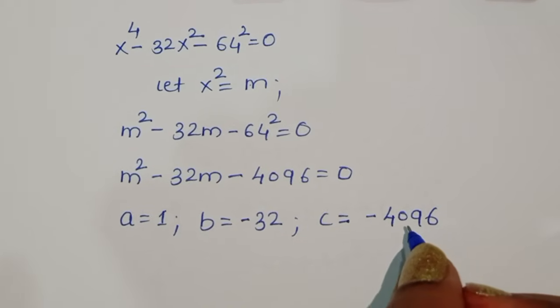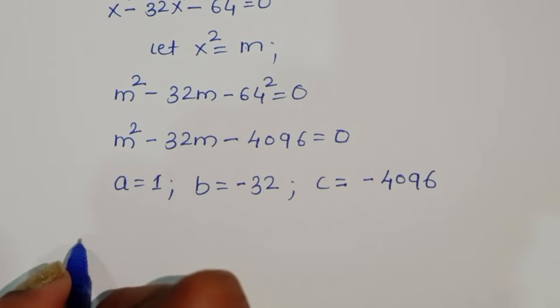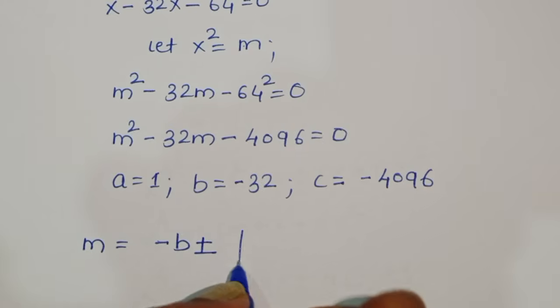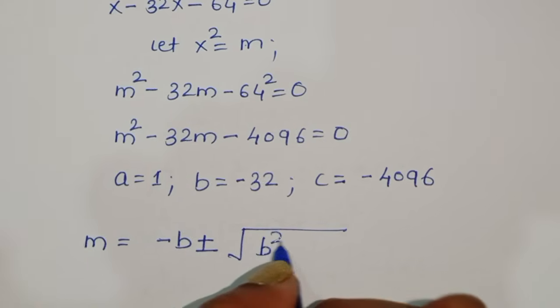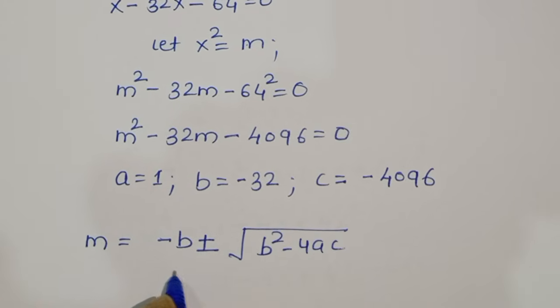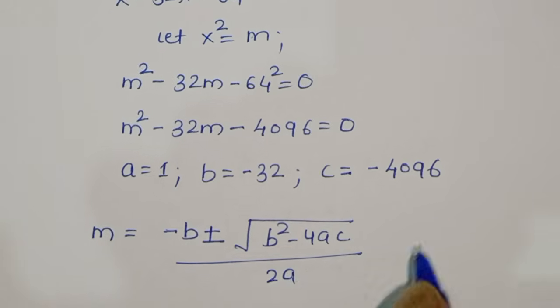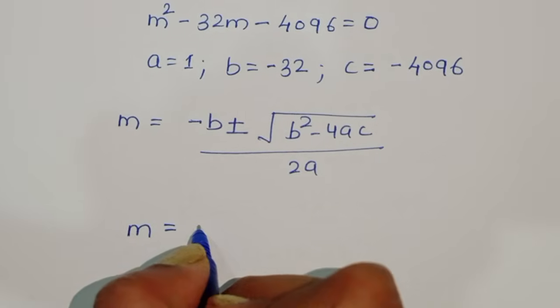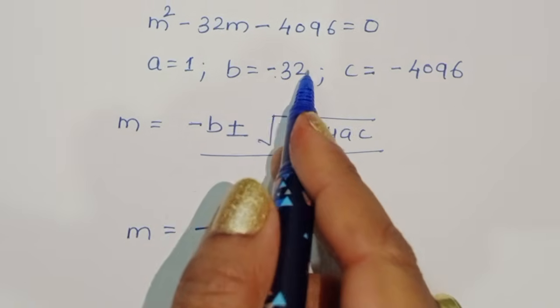So we are using the formula m is equal to minus b plus minus square root of b square minus 4ac upon 2 times a. Now we have to substitute this value here. So we will get m is equal to minus b. Value of b is minus 32.